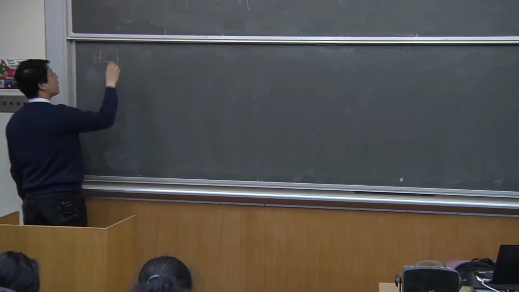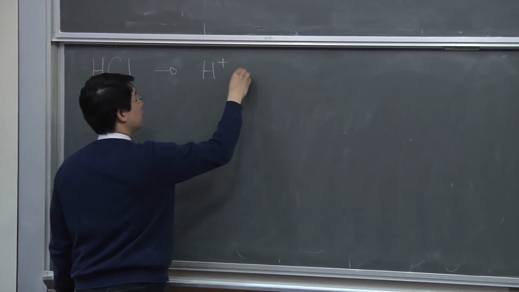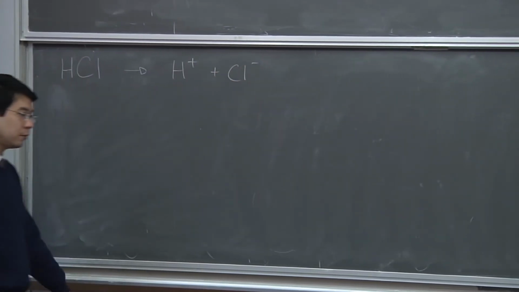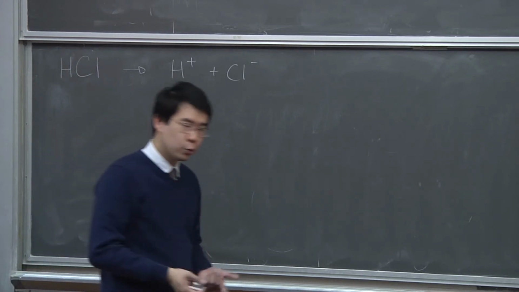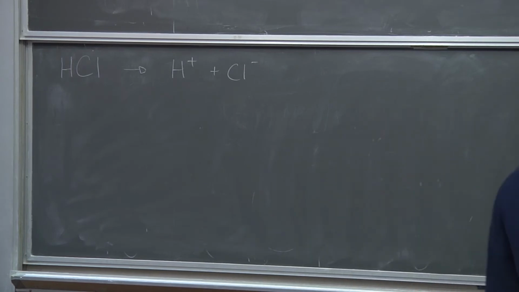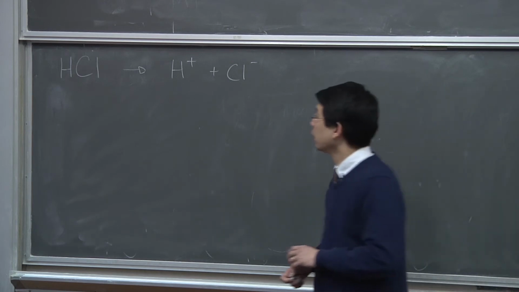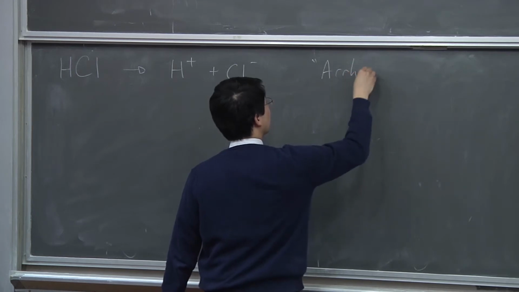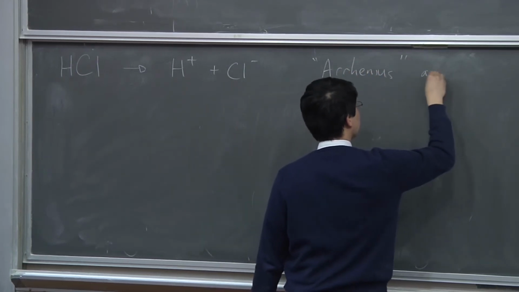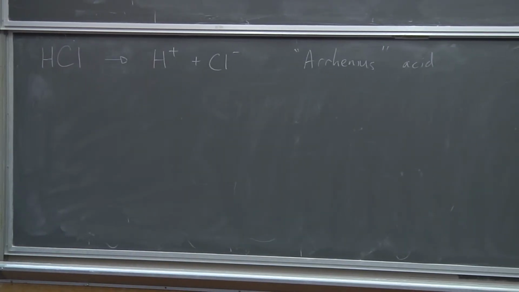So something like HCl can give us H+ and Cl-. When you take Chem 2, and then organic, you'll learn lots of different ways of looking at acids. Right now we're just going to look at this one. So this is what's called an Arrhenius acid, after Dr. Arrhenius, who was studying acids in this way.